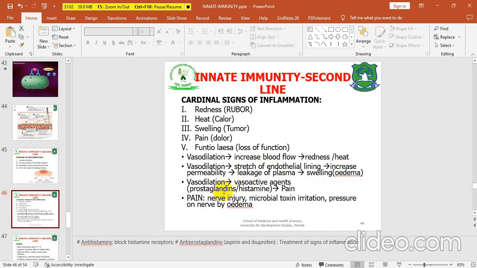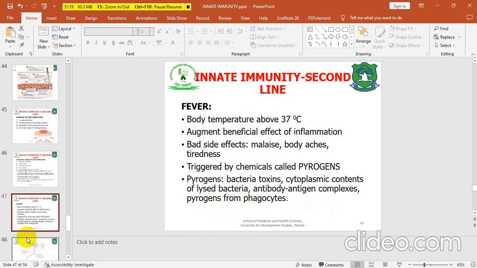Vasoactive agents like prostaglandins and histamine will be produced, which cause pain. There will be nerve compression or nerve injury, irritation, and pressure on the nerve by edema will cause pain at the inflamed side.